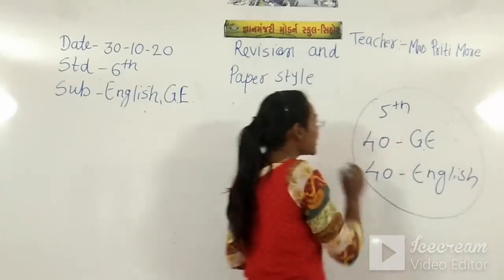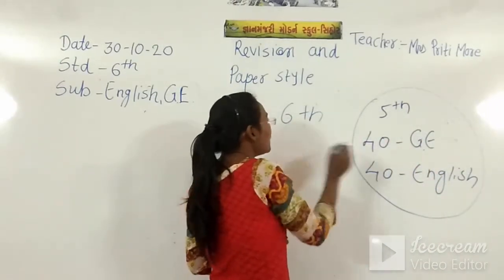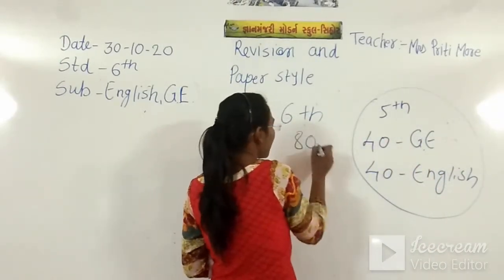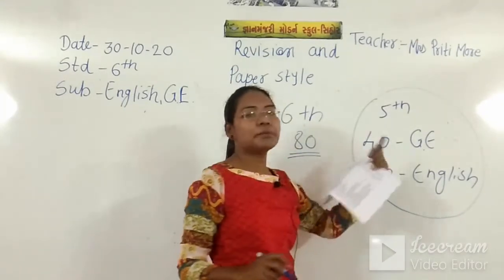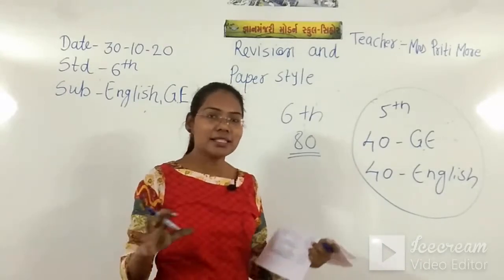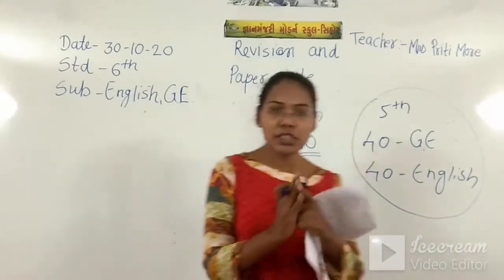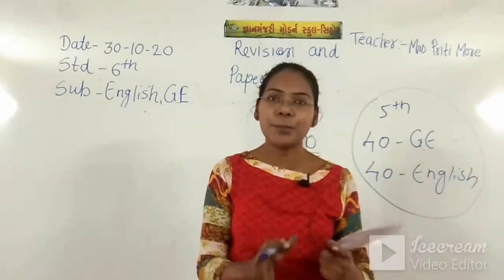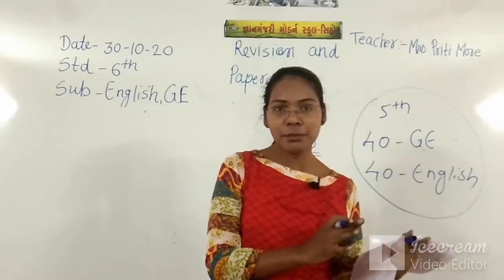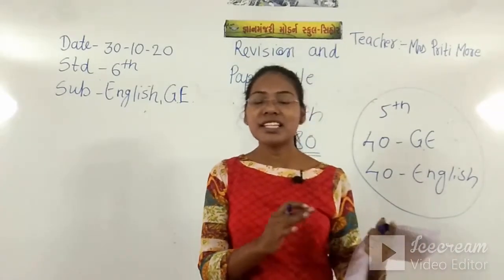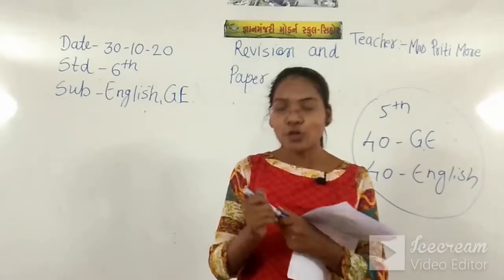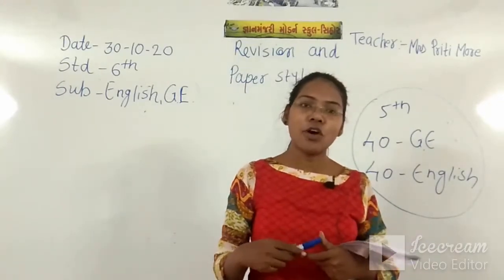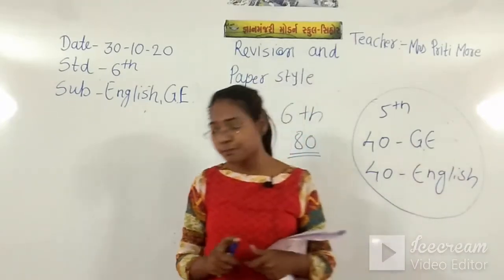But now in the 6th standard a combined 80 marks paper will be there, 40 marks for the English and 40 marks for the GE, same as it is, but this will not be a separate paper, it is combined. Section A will be for the lessons English and section B will be for the grammar. So this will be the combined paper of total 80 marks.